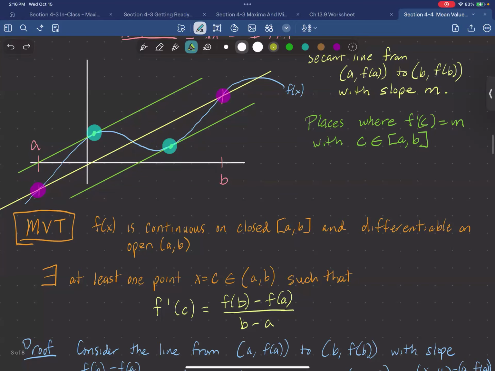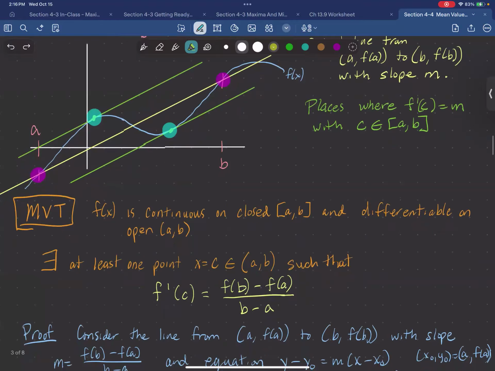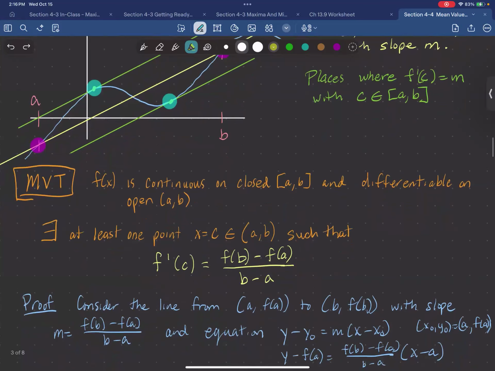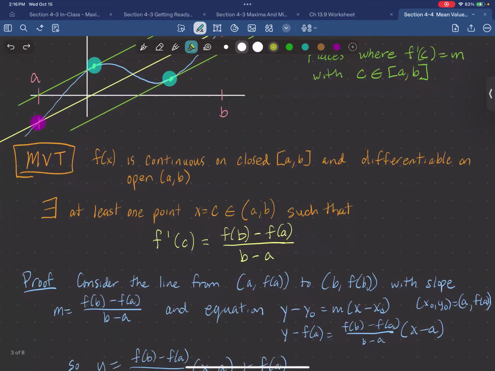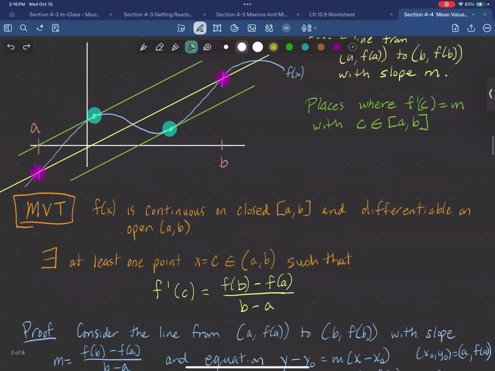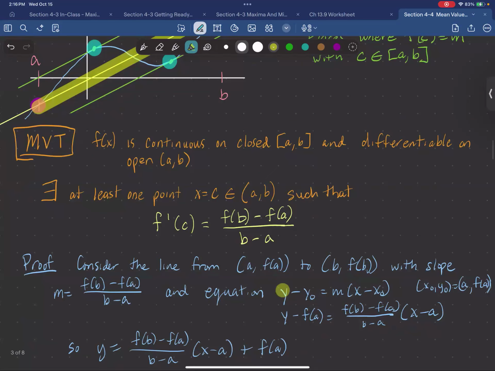I've got a better picture down below. We've got some line from a, f of a to b, f of b where the slope is m. And so the equation of the line between those 2 points has this equation right here. We plug in a, f of a and we get that.